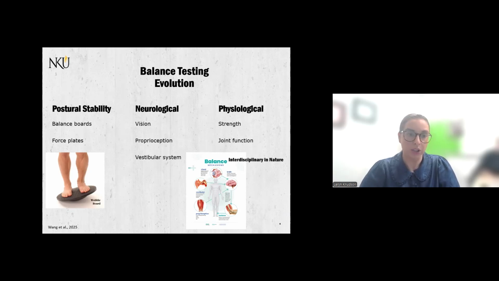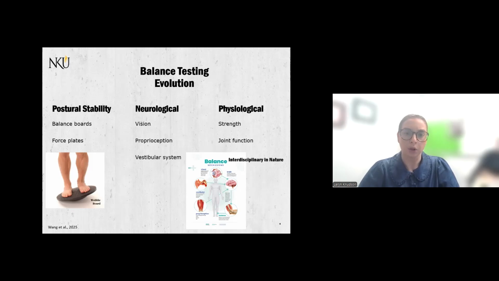And so this is actually shown in some of the balance tests that have been used in history. So postural stability, so utilizing balance boards and force plates, assessing that proprioception and individual's balance. There are some balance tests for assessing the neurological component of balance. So with their vision specifically, how does their balance compare when they're able to see and or when their vision is occluded?